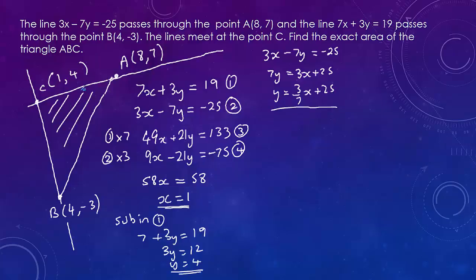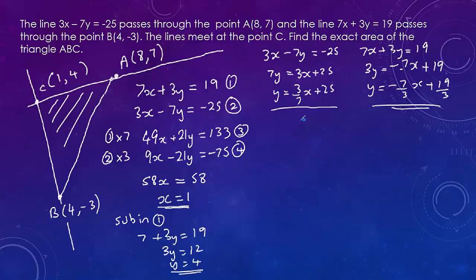Now I sort of did that at the beginning when I was doing my sketch, just to find the gradient of 3/7 that went up this way. And then we've got the 7x plus 3y is 19. So 3y is negative 7x plus 19, and therefore y is going to be negative 7 over 3x plus 19 over 3.